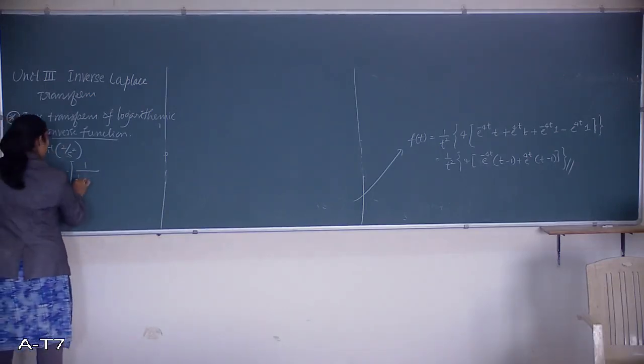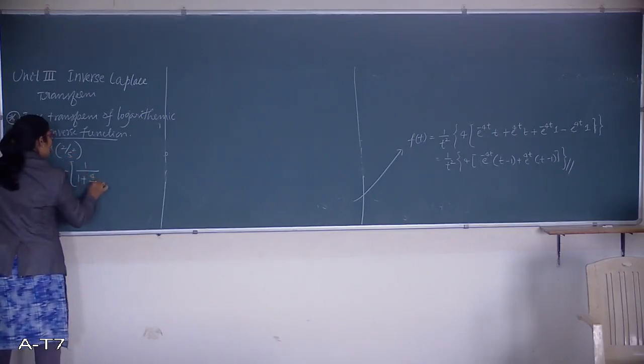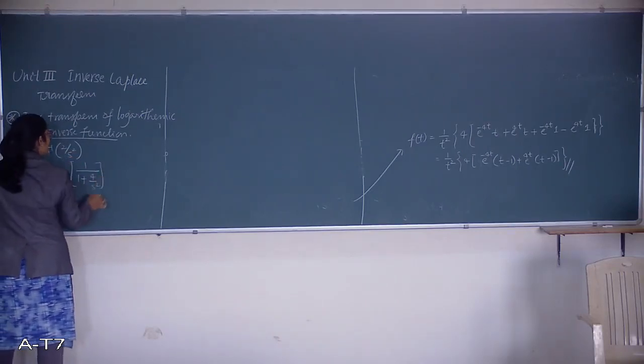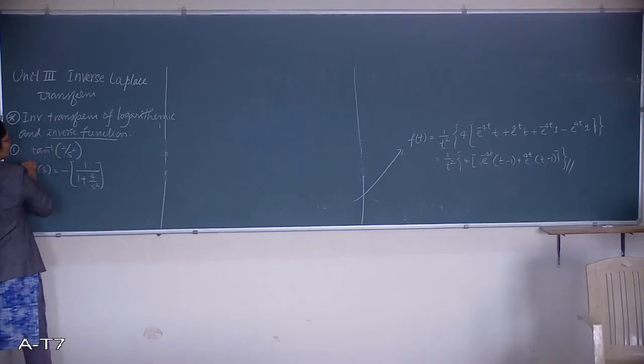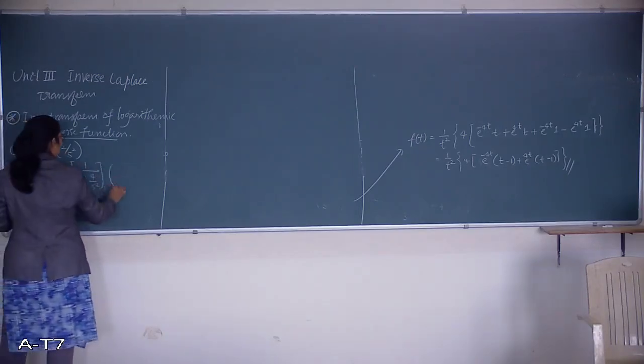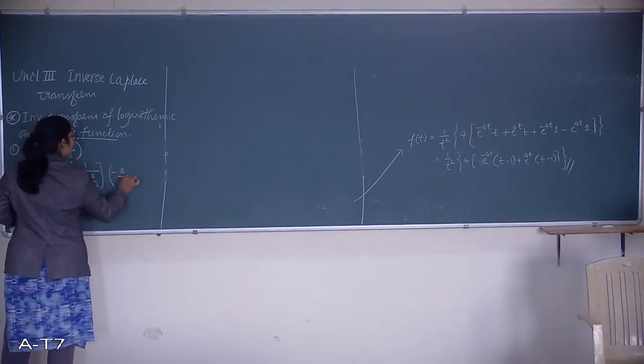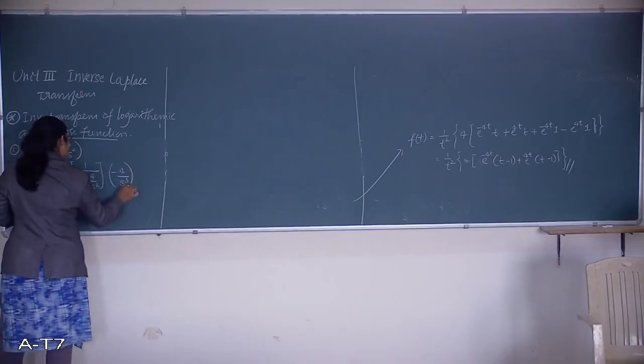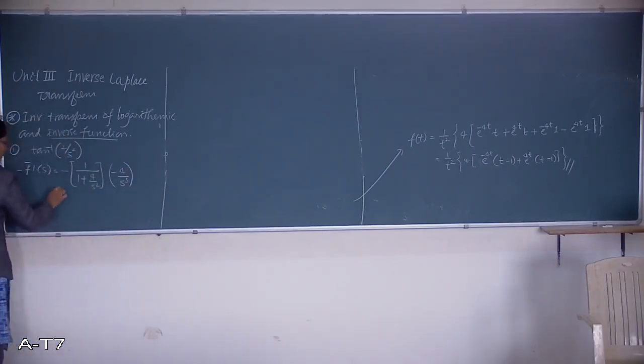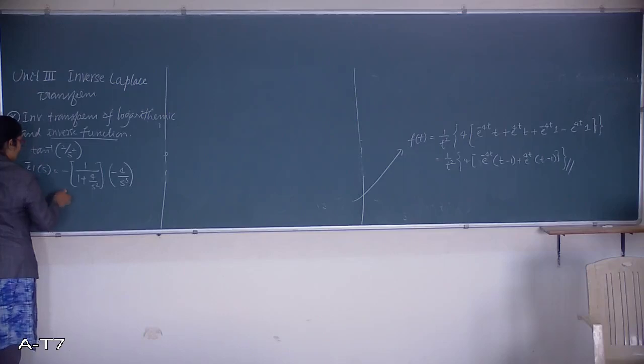So here in that form, s to 4 into d by ds of 2 by s square, 2 is constant, 1 by s square, differentiation is minus 2 by s cube. So already this 1, 2 is there, minus s cube, so that these two minus signs will get cancelled.